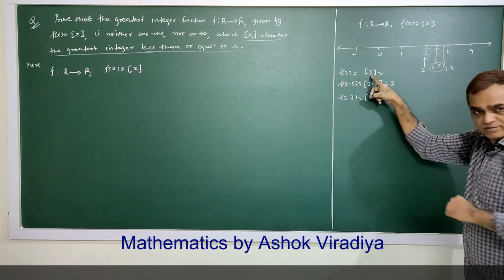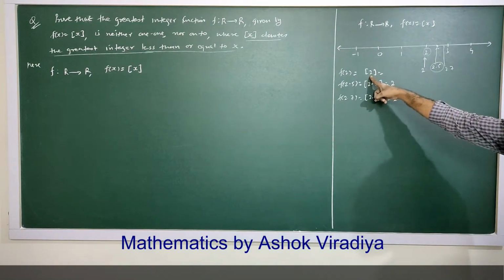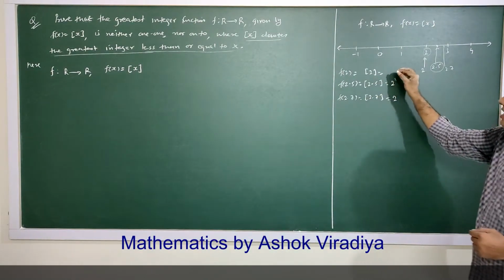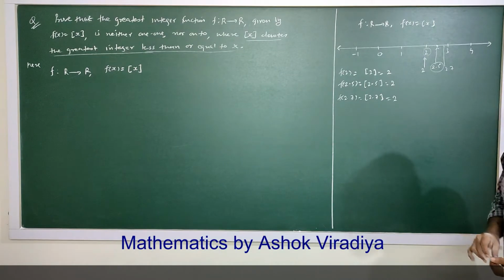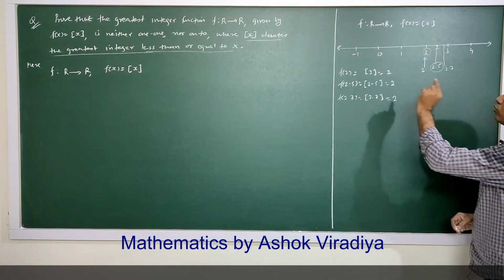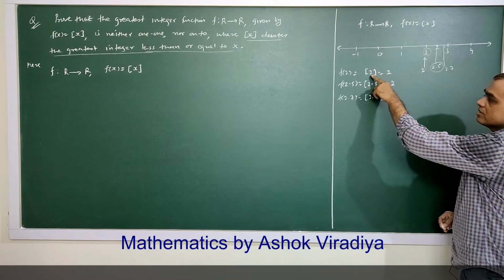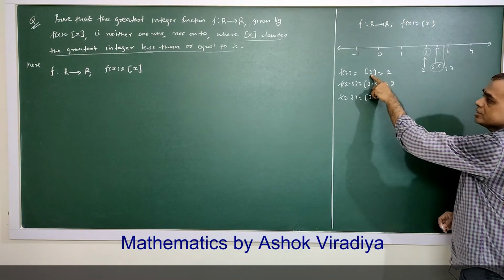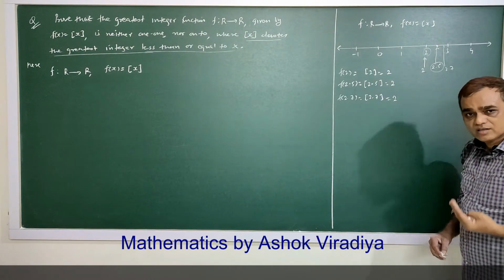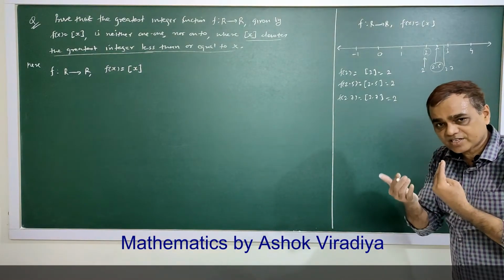Now 2 is an integer. If you take an integer, then the integer itself is the output. If input is an integer, keep the integer as it is. If the number taken is not an integer, then take the first integer on the left side.